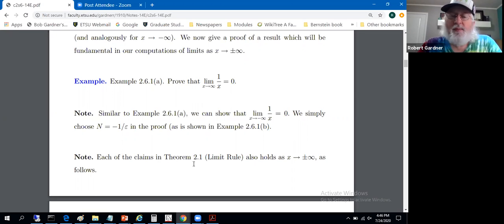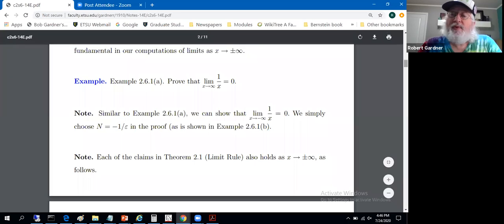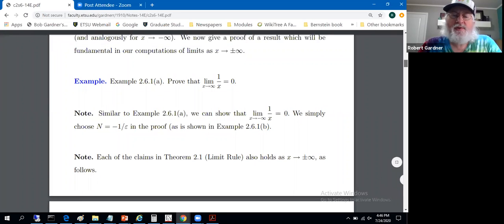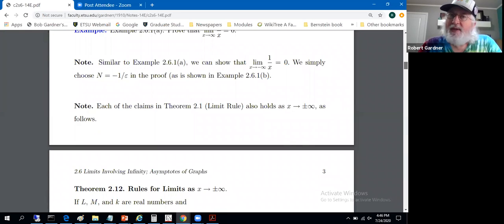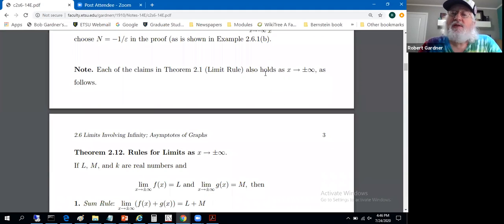The stuff we know from the past about regular limits, x approaches c kind of things, we had Theorem 2.1 with, what was it, like 7 different properties of limits as x approaches c. These also hold as x approaches positive infinity, and these also hold as x approaches negative infinity as follows.